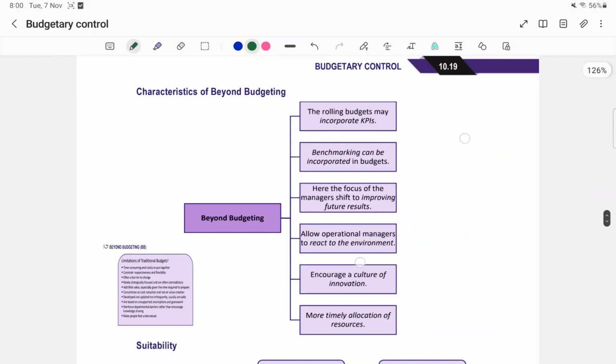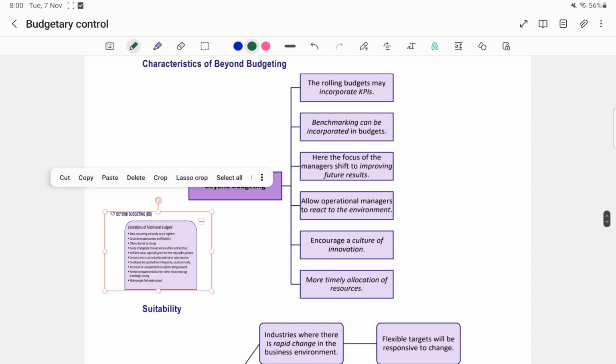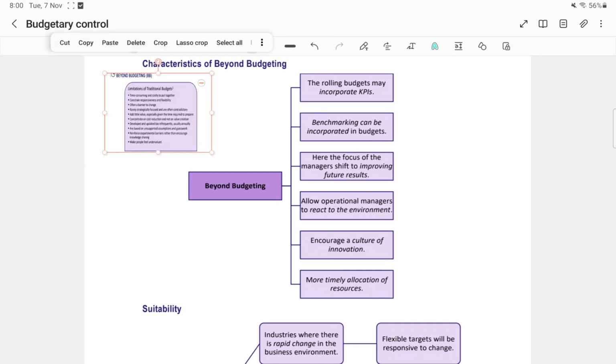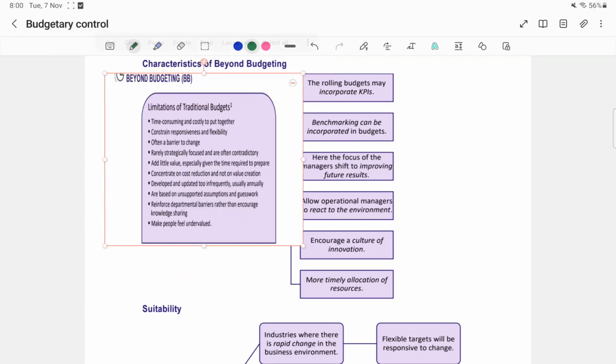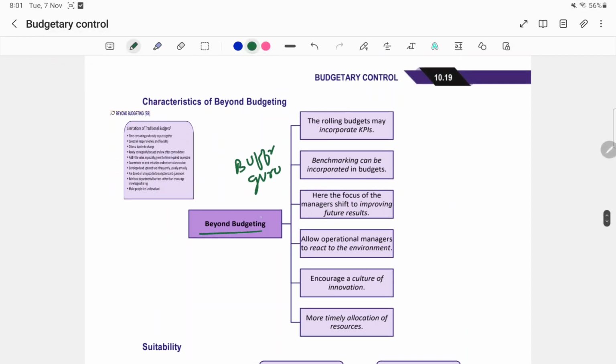Now there are the characteristics of beyond budgeting. For your reference, I have kept this clip here. We studied this right now: what are the limitations of traditional budgeting? That was the memory trick we followed, BUFFER GURU. Now based on this question comes beyond budgeting, because the limitations there become the characteristics, the benefits, of beyond budgeting.